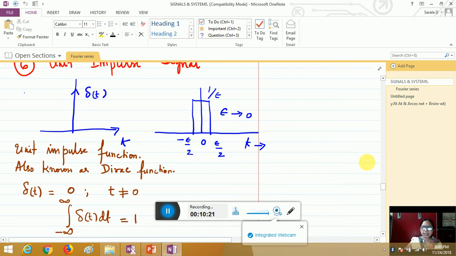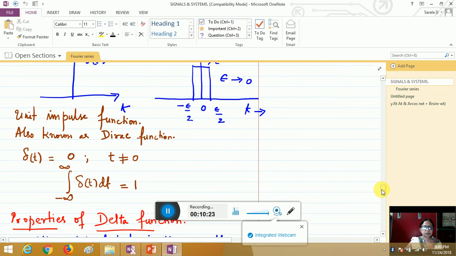When you integrate this signal between the limits minus infinity to plus infinity, it attains a value of unity. Therefore, it is an impulse function because it shoots up at time t equal to 0. The rest of the time it is 0. Hence, it is also known as the impulse function, or the delta function.